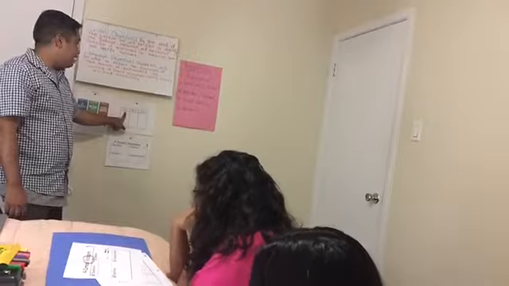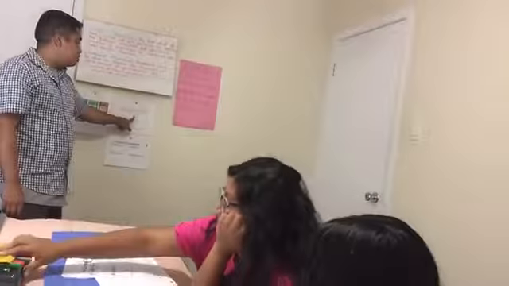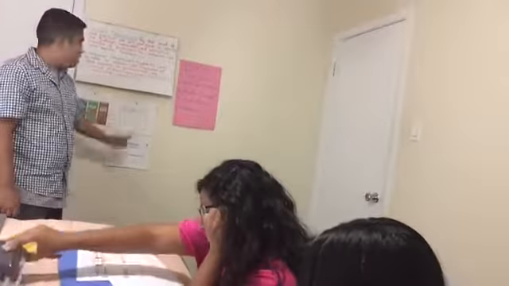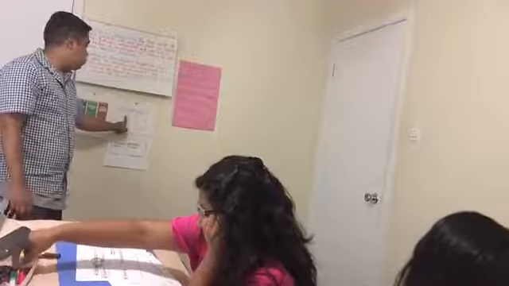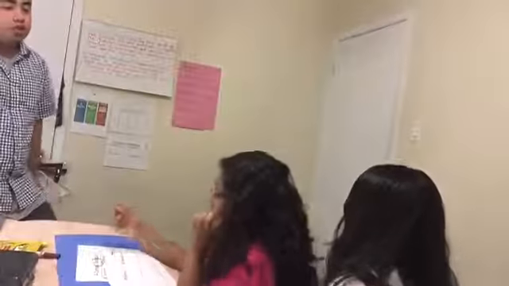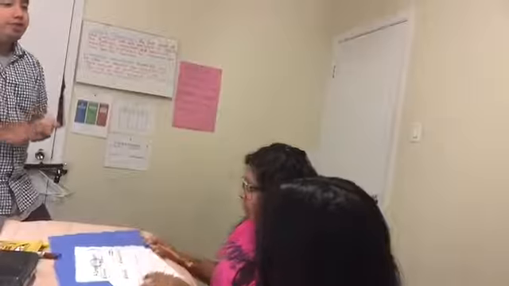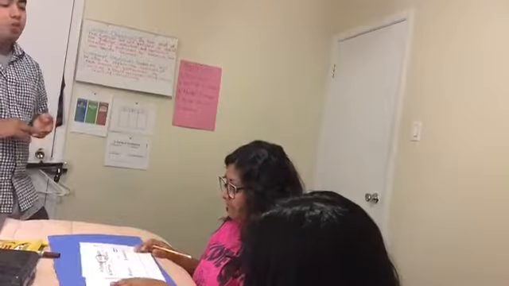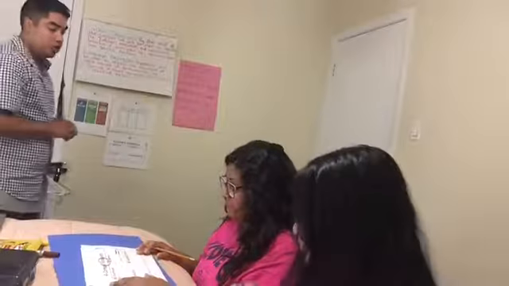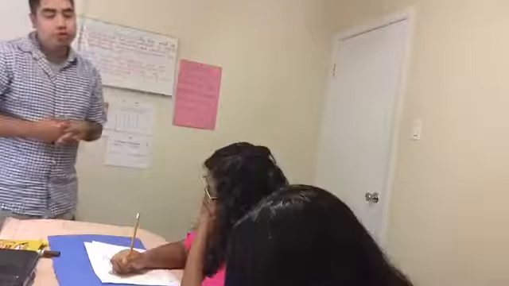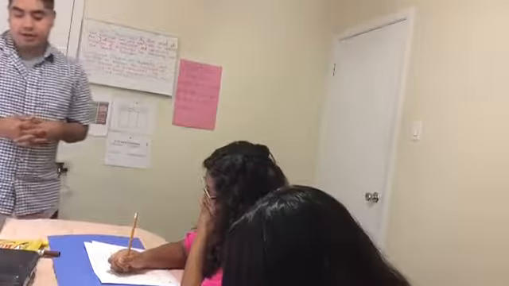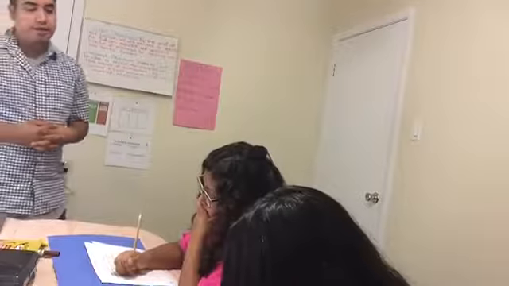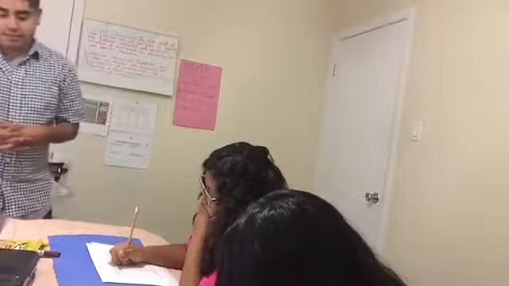So we're going to fill out the first two boxes here, the K and the W, what I think I know. So about what? About the three branches of government. So let's go ahead and write down what I think I know on your KWL chart. 2 to 3 minutes so you can fill out these boxes, okay? And they only have to be short sentences.